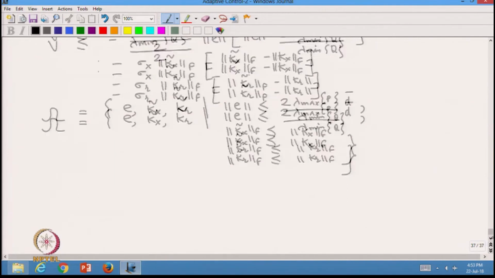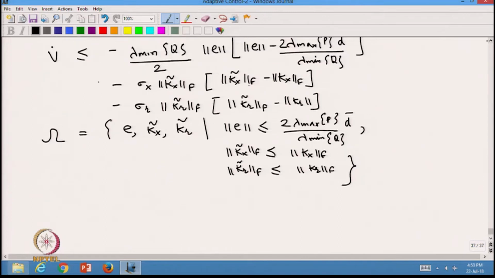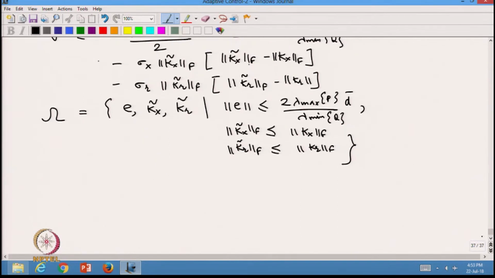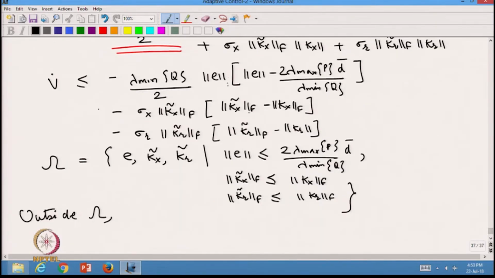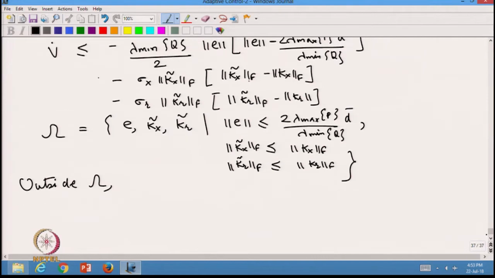So if your states are outside this set, then these terms in the square bracket are in fact positive, which means that V dot is in fact less than 0.